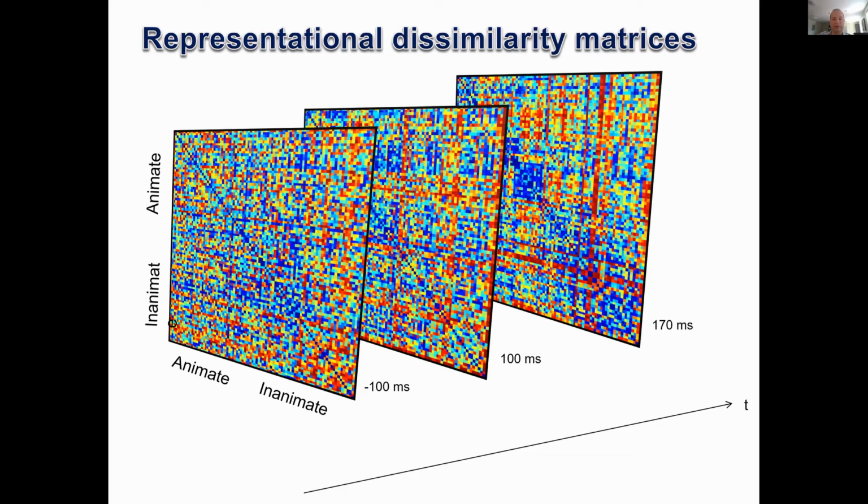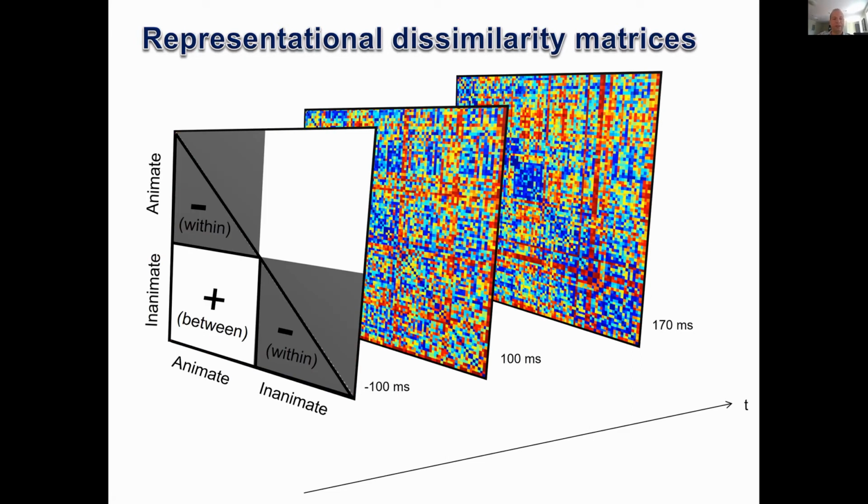So we have a cascade of these matrices over time, and we can divide these in partitions containing within comparisons of animate, for example, and within comparisons of inanimate, and between comparisons of inanimate and animate.